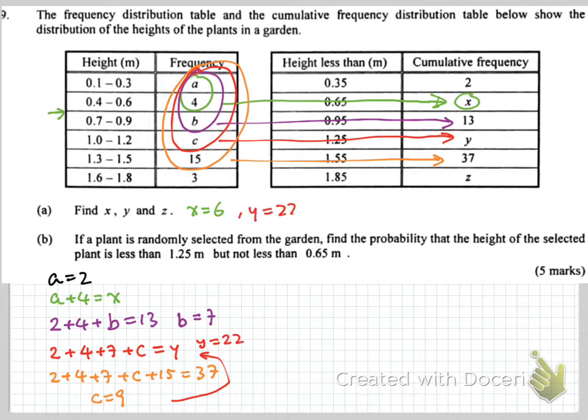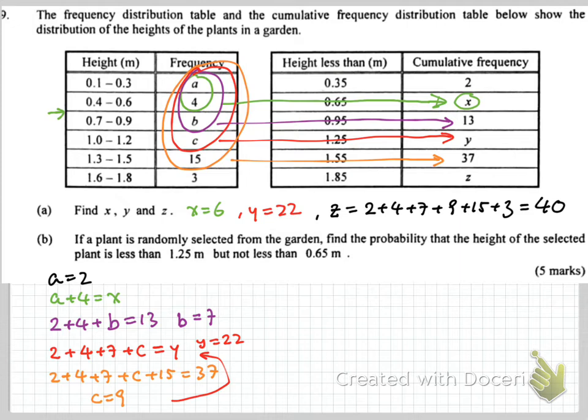And z is just the sum of all the numbers. Z will be the sum of A and 4 and B and C and 15 and 3. So z altogether goes to 40. So x is 6, y is 22, and z equals 40.